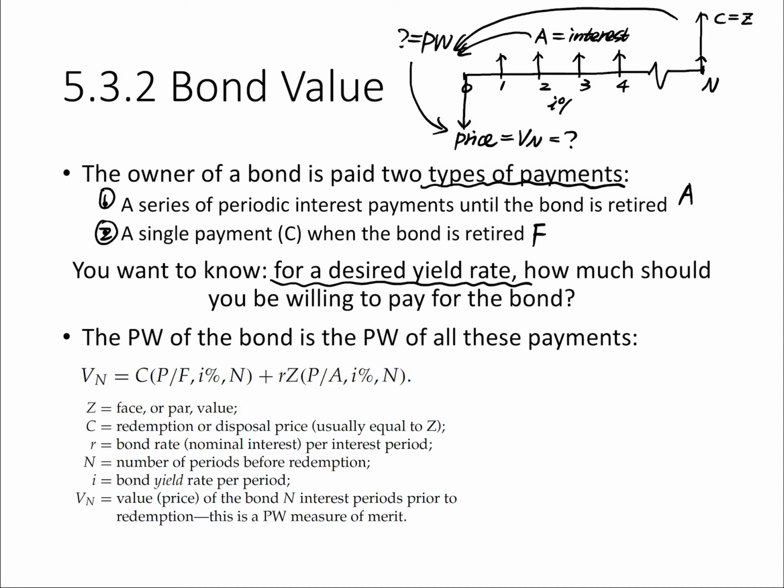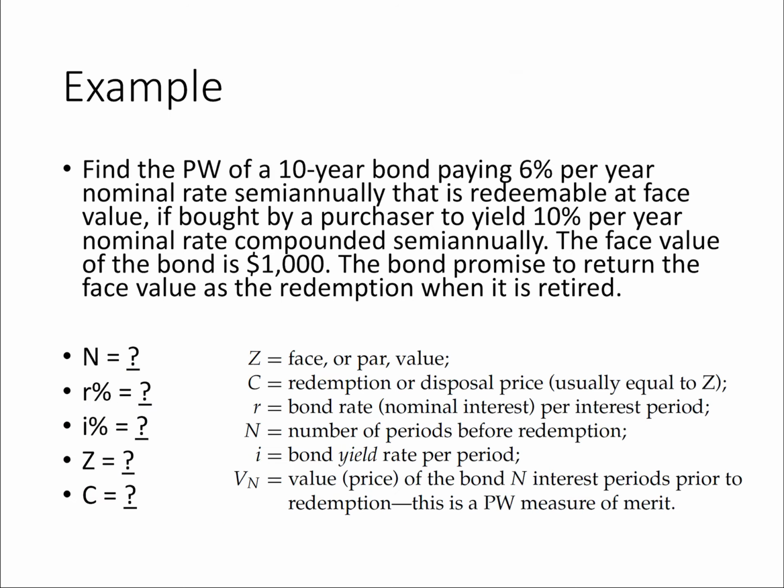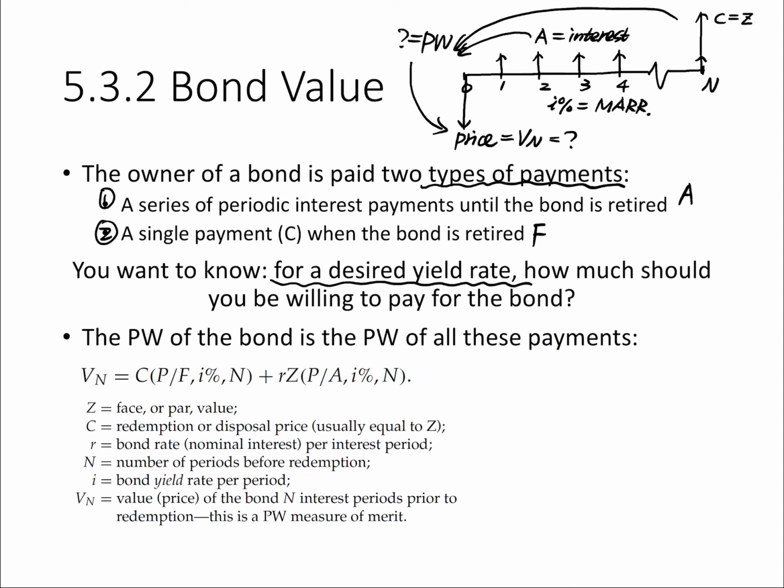Okay, so what you want to know from this bond problem is, for a desired yield rate, remember that your personal MARR is your interest rate to use. So at a desired yield rate, how much would you be willing to pay for the bond? That's the question. And actually, it's to convert everything to the present worth.